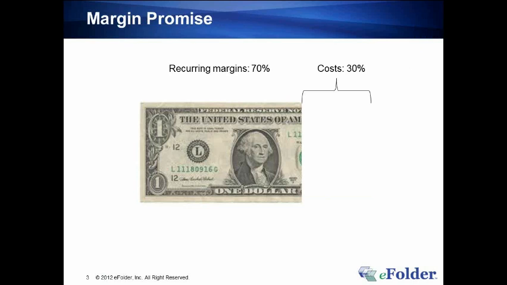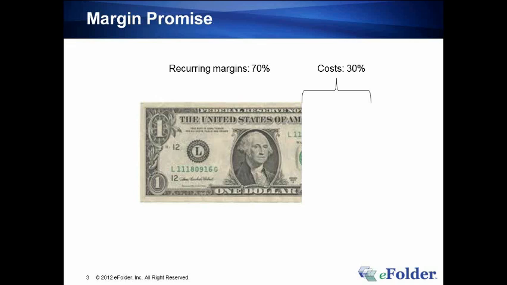What we're seeing in our partner base today is that best-in-class margins are in the 70 to 75% range for most partners. That's the huge promise of business continuity services, is it can be extremely high margin on a monthly recurring basis. What you need to factor in, of course, if you're working with a vendor like eFolder, is that there are software, cloud services, and hardware costs that need to be factored into the overall equation.